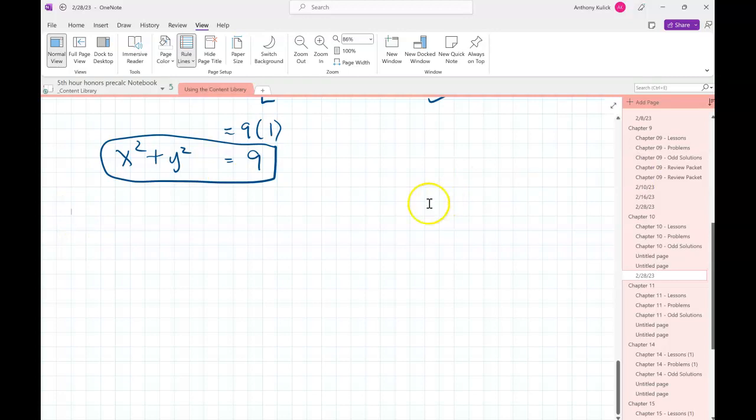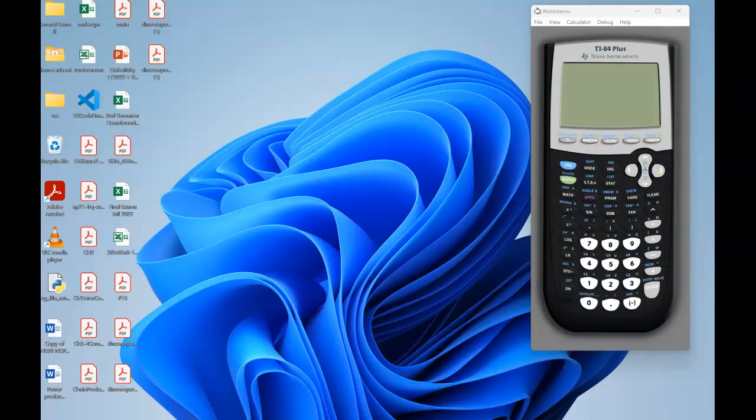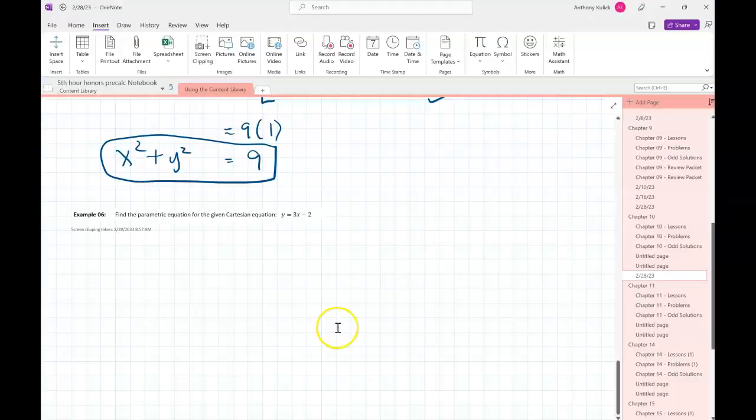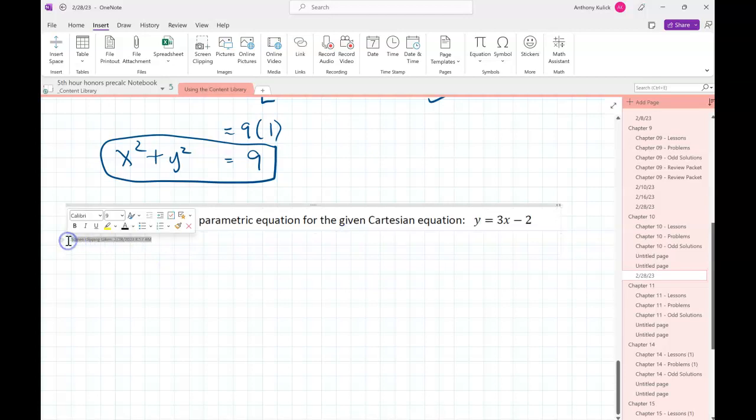What if we wanted to go the other direction? What if we want to take a Cartesian equation and go to a parametric? We'll start with something easy.